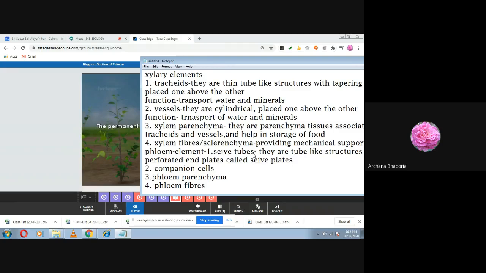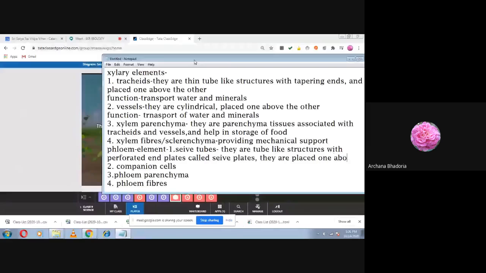They are placed one above the other. This way they form a continuous tube-like structure.